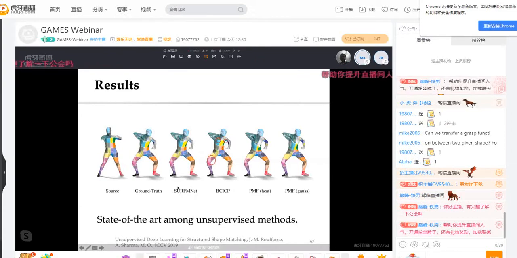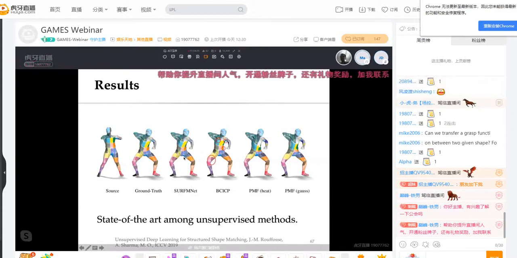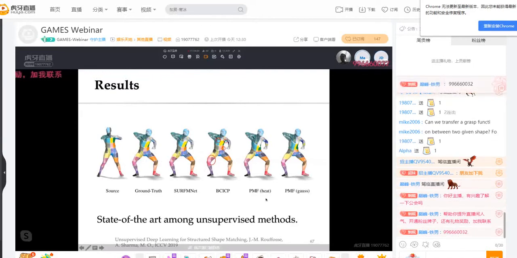We call this method SURFMNet, and you can see that this texture is transferred very, very close to what the ground truth transfer does. Other existing methods actually do a reasonable job. I mean, it's not so bad, but there's still quite a bit of inconsistency. So this area has really advanced a lot in the past few years. Now techniques perform fairly well, but there's still some room for improvement.